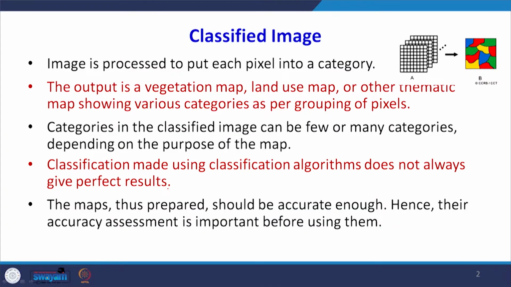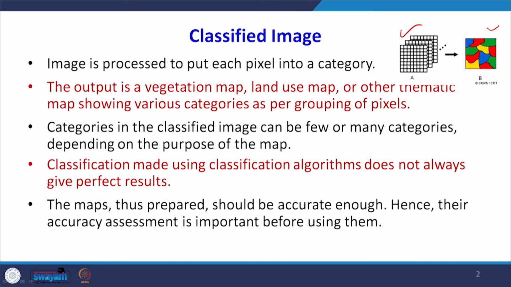About the classified image, you know that you are processing the images using supervised or unsupervised or any other classification technique, using multiple bands and deriving some kind of a thematic map, a classified map.